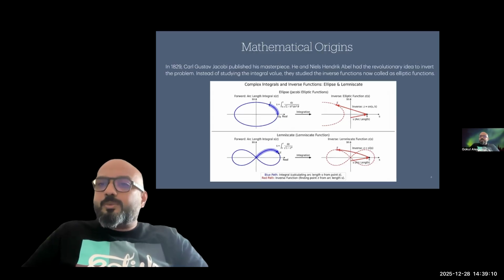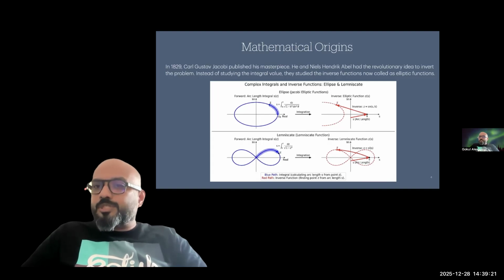It was in 1829 when Carl Gustav Jacobi published his masterpiece on this. He and Niels Henrik Abel had the revolutionary idea to invert the problem. Instead of studying the integral value, they studied the inverse functions. They are now known as elliptic functions.